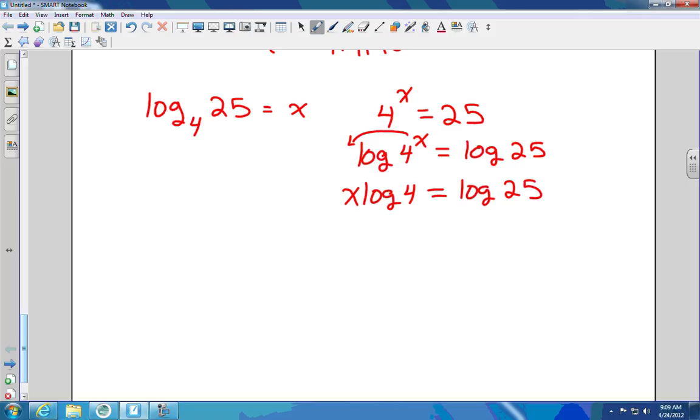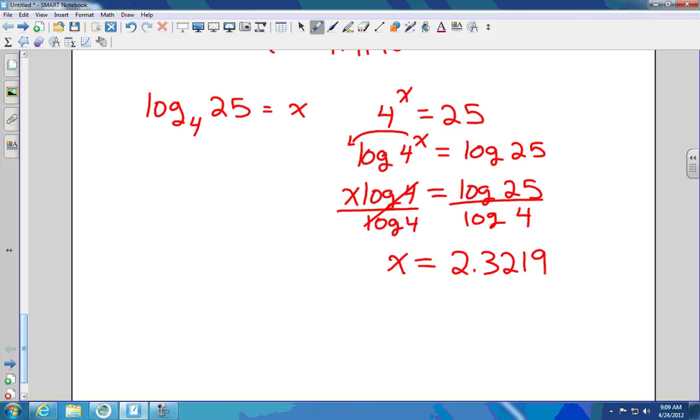And then divide by log 4. And that left us with x equals 2.3219.